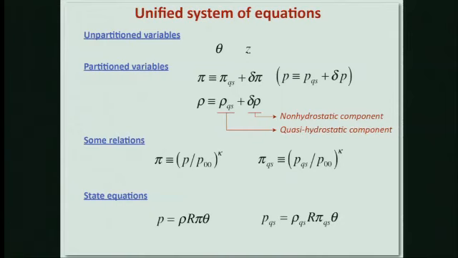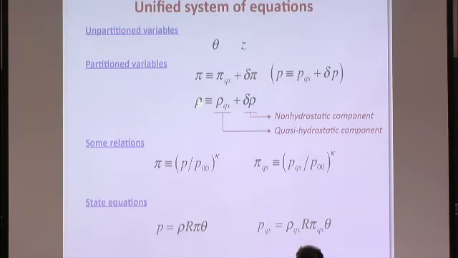The unified system has two unpartitioned variables: potential temperature and height. These are unpartitioned variables, which means that they have hydrostatic and non-hydrostatic components in them, and we cannot separate them. Though we can separate pressure and density, and so does the temperature.